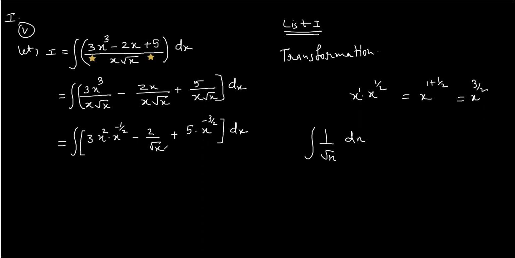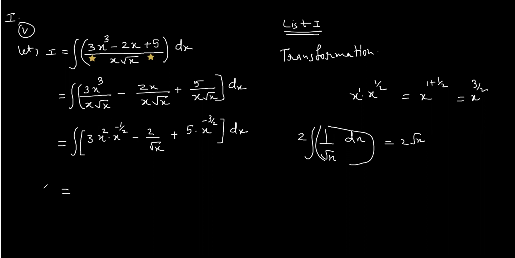It is very important you learn the results. So 2 upon root x, I know I can write this 2 out and I will get 1 upon root x. So 1 upon root x dx, I know it is 2 root x. That was the reason I did not take this x up and write raised to minus half. Whereas in the other cases, root x, I had to take it up because it was not only 1 upon root x. I did have some more x terms.